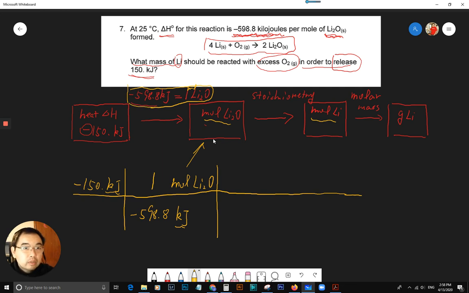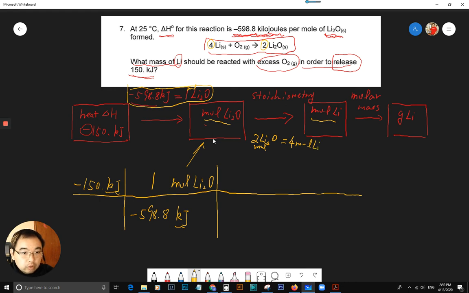So based on this equation, we know 4 mole of the lithium can produce 2 mole of the lithium oxide, right? Okay, so this is the conversion factor, which is 2 mole of the lithium oxide can produce 4 mole of the lithium.